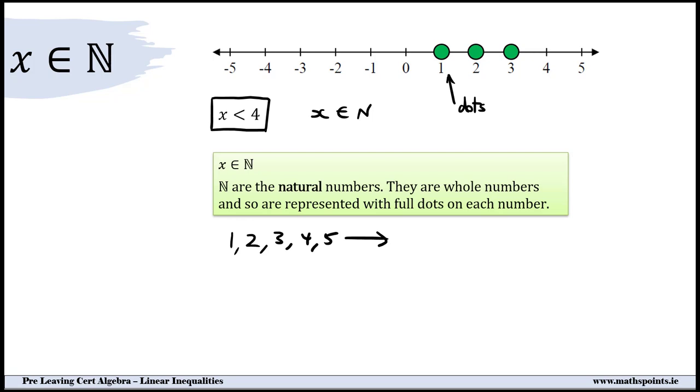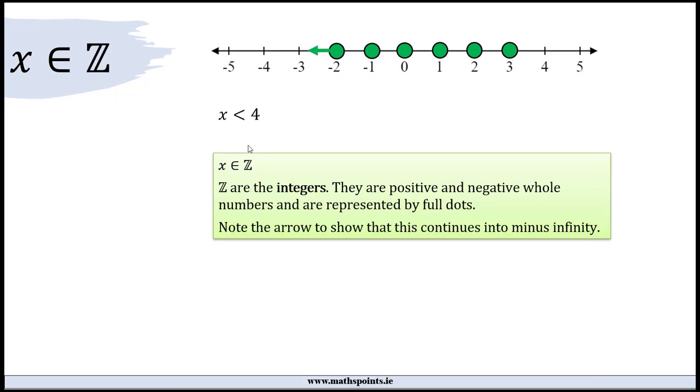Okay, looking at the exact same example, but just with a different number system. Let's say we had x is less than 4, but this time we are in the integers number system. So they want only solutions that are integers. So Z stands for the integers. What are the integers? The integers are all the positive and negative whole numbers, and they also include 0 as well.